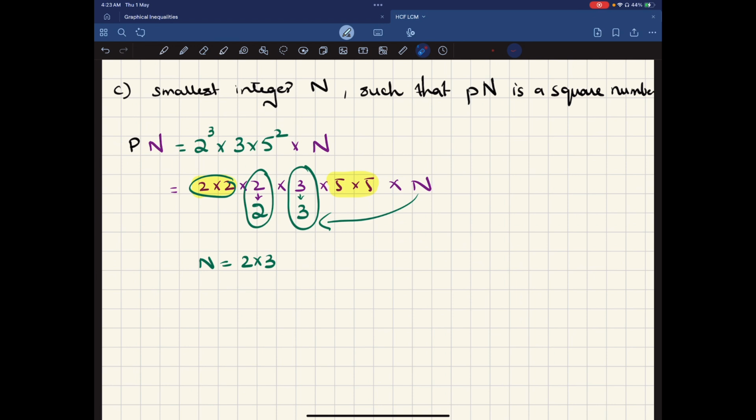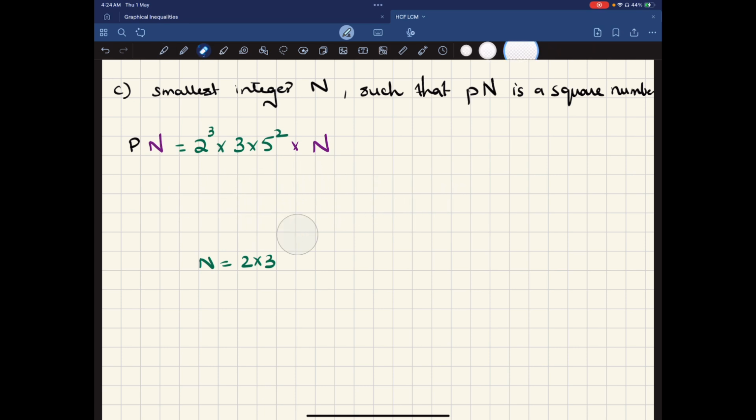Now, had the question asked us to find the smallest integer n such that Pn is a cube number. Okay, so let's change the question and see that if in place of square, the question asked us to find the value of n such that Pn is a cube number.